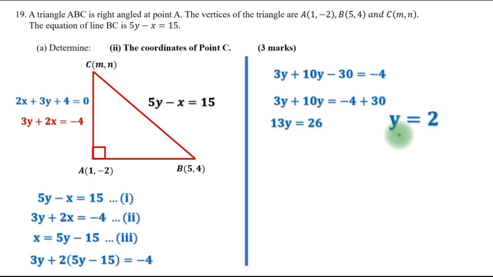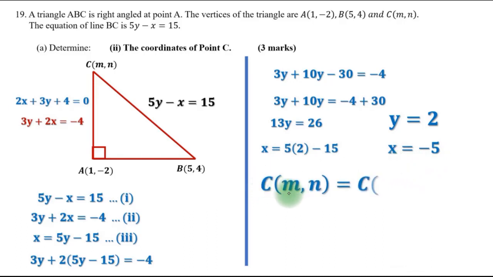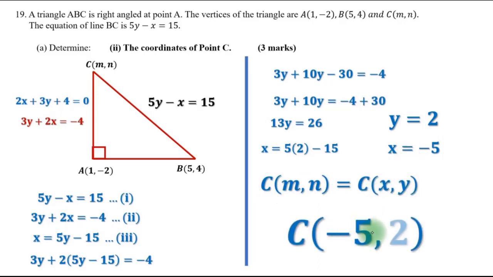Now that we have y, we can substitute the value of y into equation 3. Here we shall have x is equal to 5 times 2 minus 15, so x will be minus 5. Therefore, the coordinate of C, which is (x, y), with x being minus 5 and y being 2. That is the coordinate of point C.